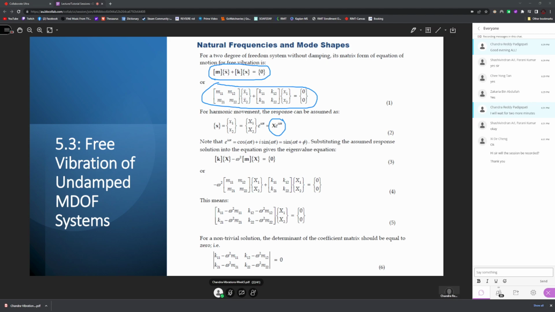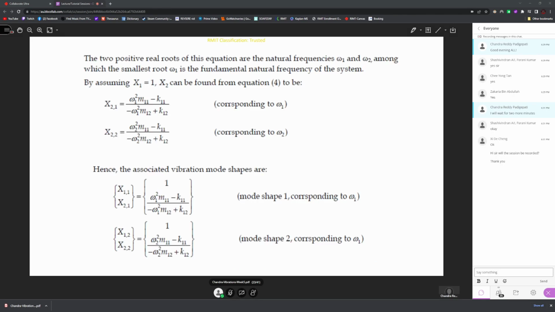Then you can see that to solve this, you need the matrix multiplication to be 0, so minus omega square M x plus K x must be 0. To get a non-trivial solution, this determinant must be 0. So you can expand this determinant and solve for the two frequencies.